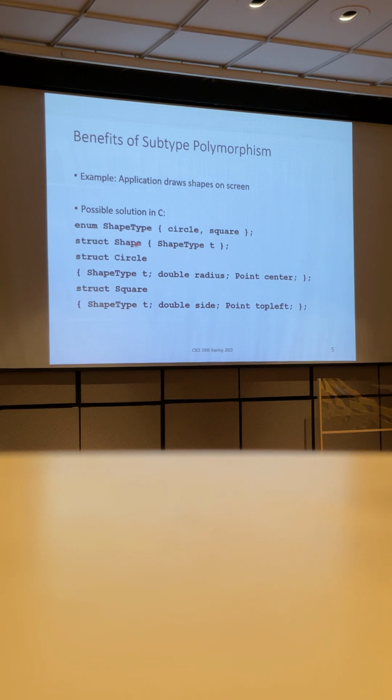Then we would define a shape struct, and then we would define specific structs for each of the shapes, like circle, square, and so forth. Right? And then we would have the shape type to indicate the type of the shape, and then whatever parameters are needed to define the specific shape. Right? So for circle, it's radius and center. For square, it's side and top left, and so forth.